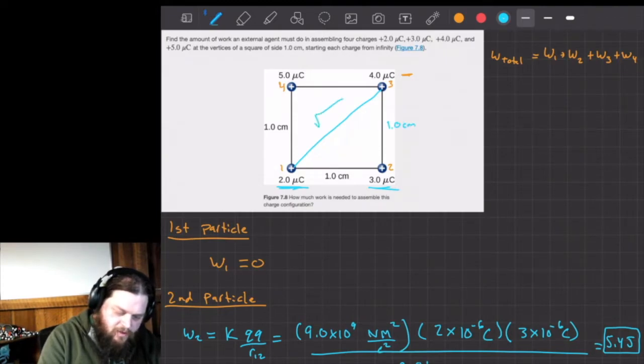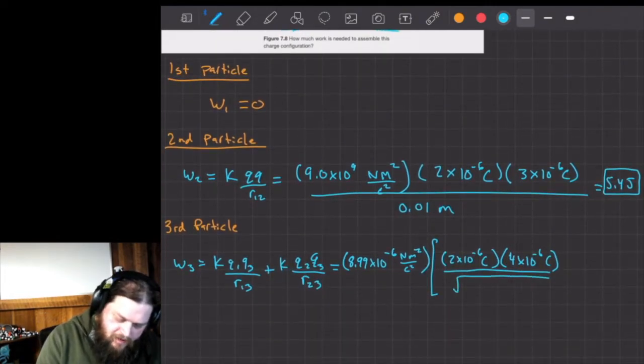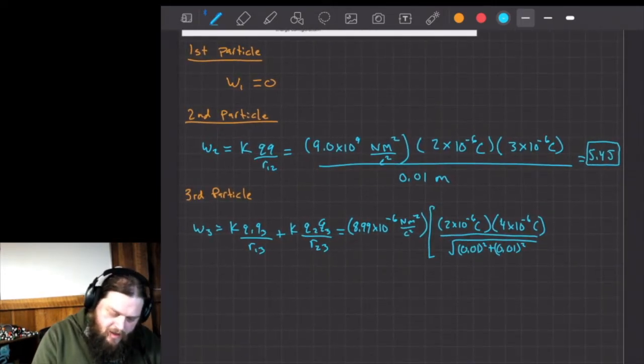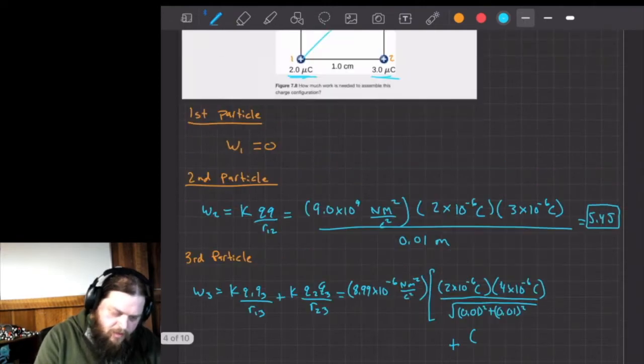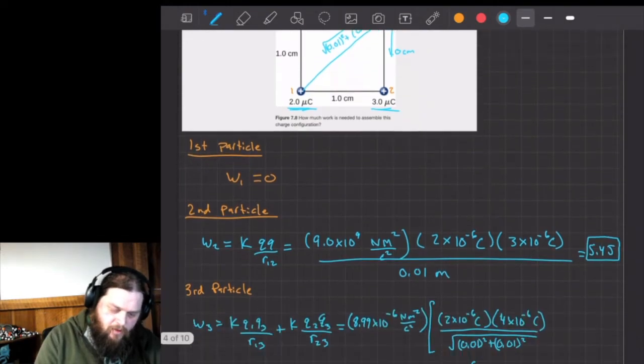So luckily, this is the square root of 0.01 squared plus 0.01 squared. So I can just write that down here, 0.01 squared plus 0.01 squared. And we're going to add to that, go a little bit below here so I have space, the work between those two, 2 and 3.